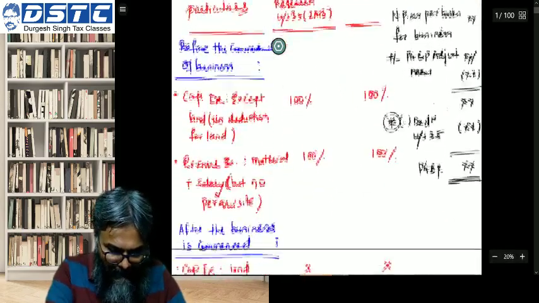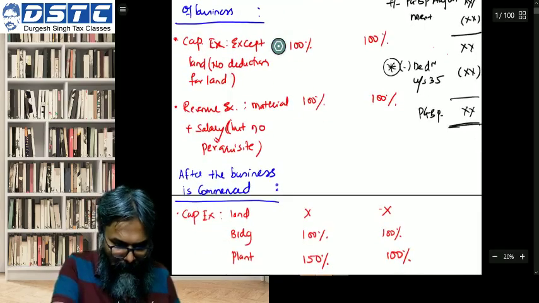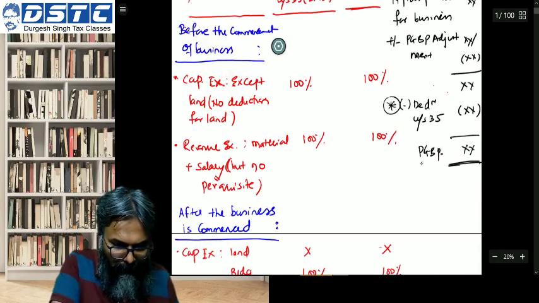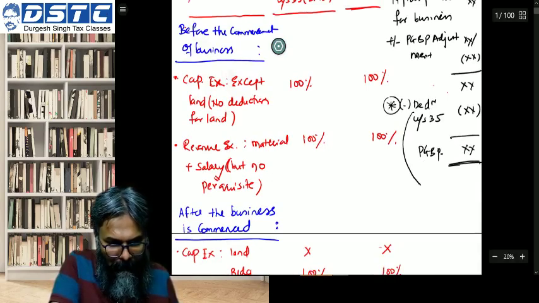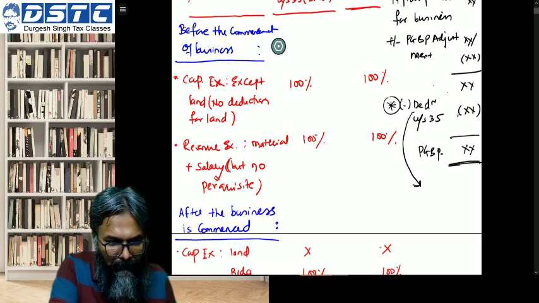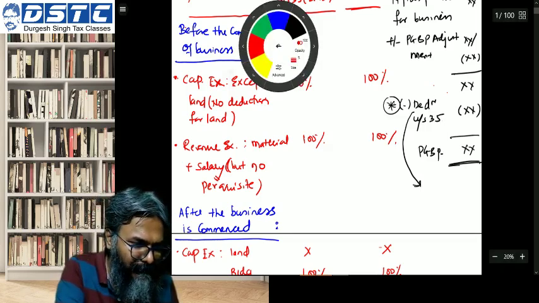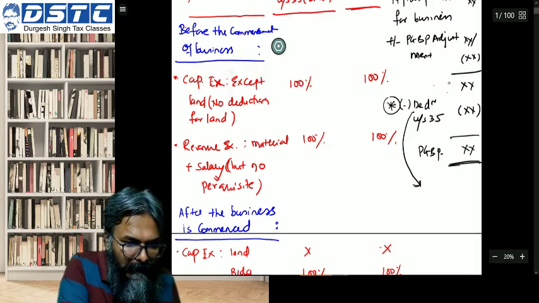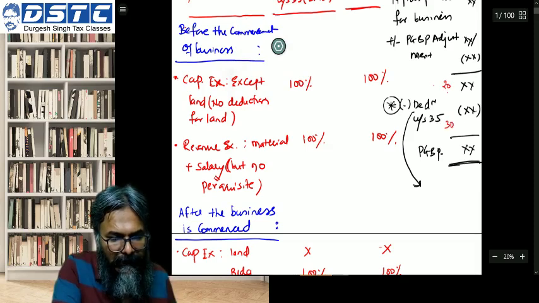Now the question is, students, if supposedly this deduction is, say for example, just putting numbers to it, say this is 20 and say this is 30.